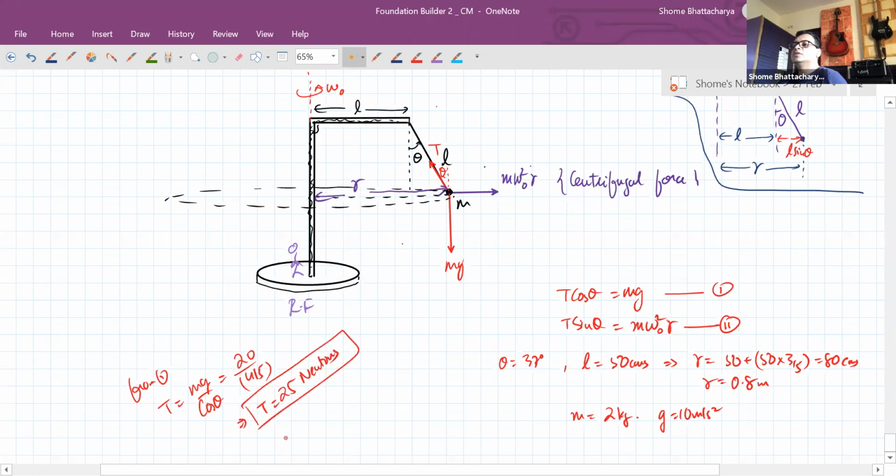And if we divide equation 2 by equation 1, you can see that tan theta is equal to omega naught square r by g. So omega naught is square root of g tan theta by r. So that is square root of 10 into 3 by 4 divided by 0.8.